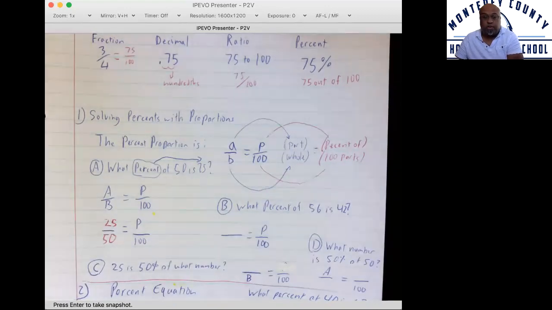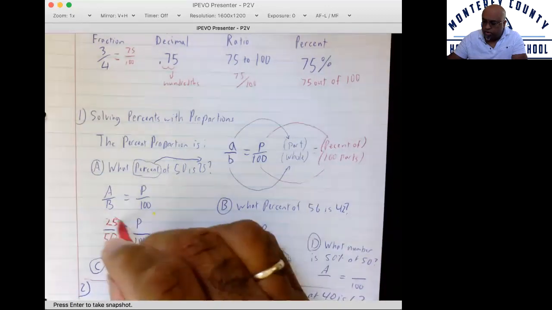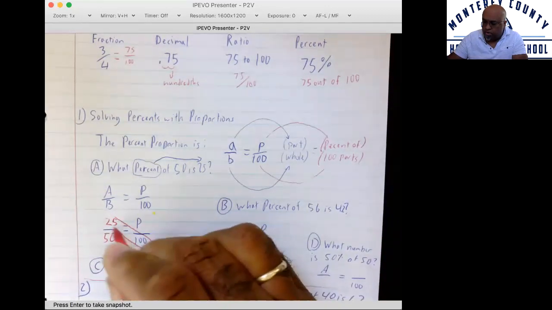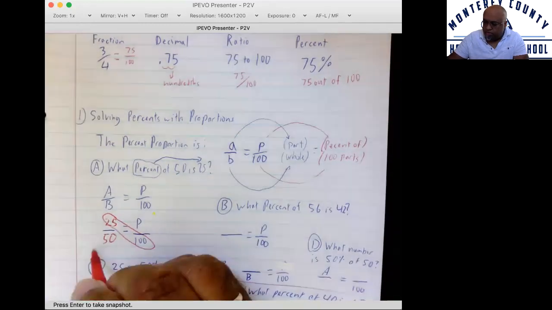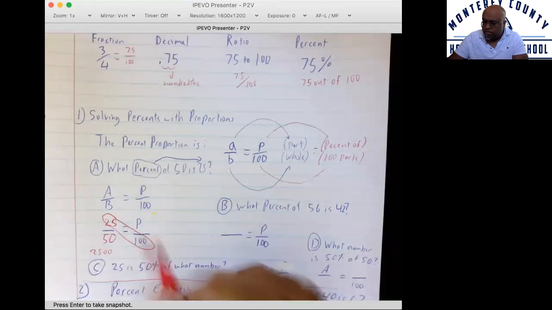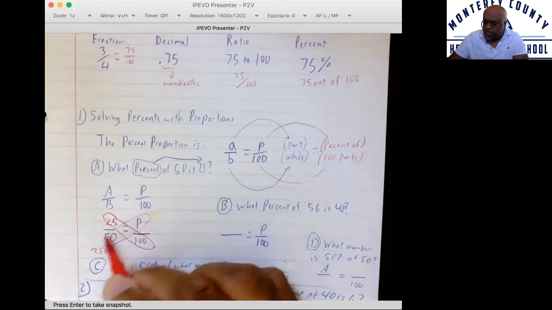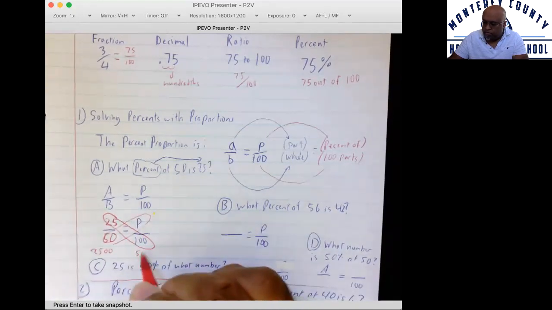Now with a proportion, the simplest way to solve them in every case is cross multiply. There are a couple of shortcuts if the numbers are super easy, but I don't want to go into that just to avoid confusion. So let's do this. 25 times 100 is 2,500. 50 times P is 50P.